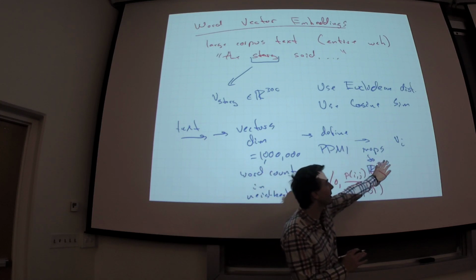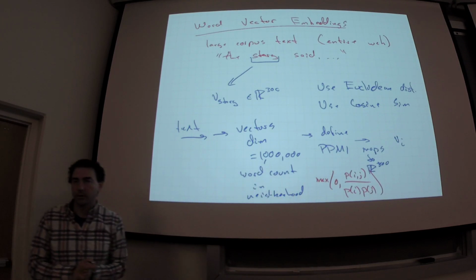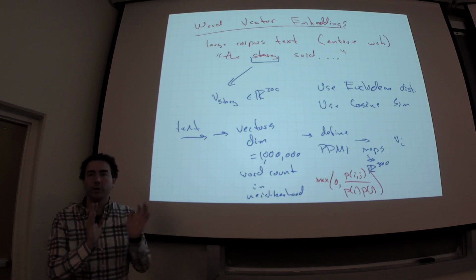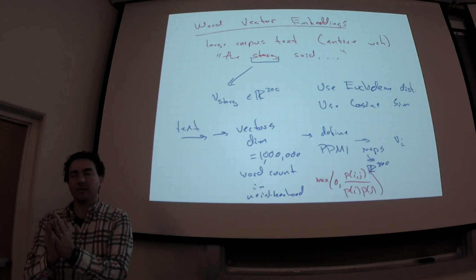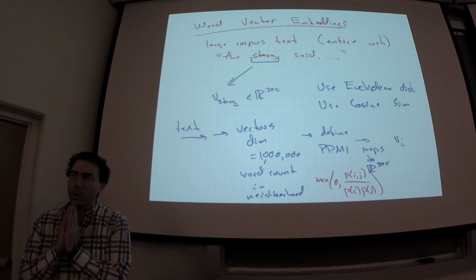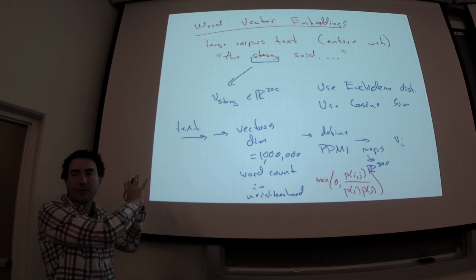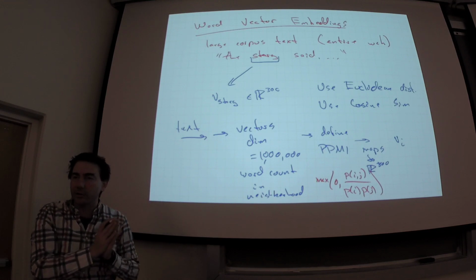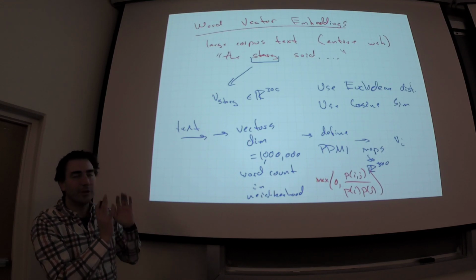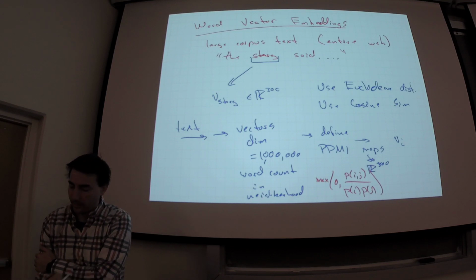Then you eventually want to map it to a low dimensional space. Once you're in the low dimensional space, the typical thing is either the cosine similarity or the Euclidean distance. That's why in the previous parts I focused on those distances, because they work well within algorithms we'll see in the rest of the semester.